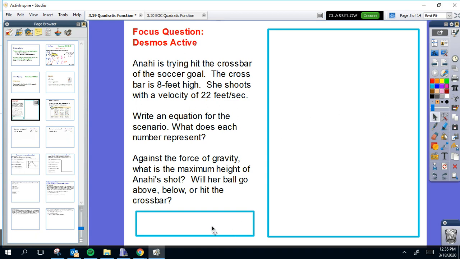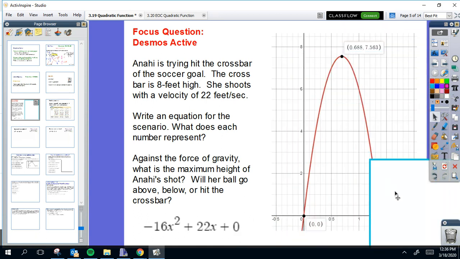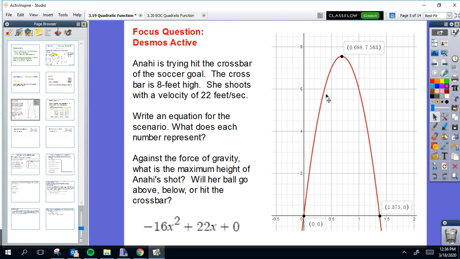All right, when you do that, your equation should have been this. Remember, we have gravity, the initial velocity, and then the starting height, which is on the ground, so 0. On Desmos, I can easily graph this parabola, and it gives us all the information that we need. This is the vertex, so that's going to be the maximum height.